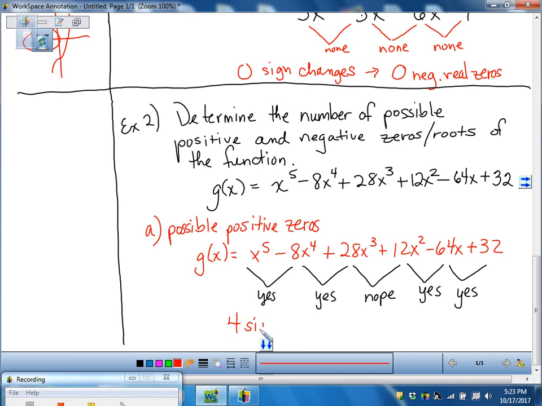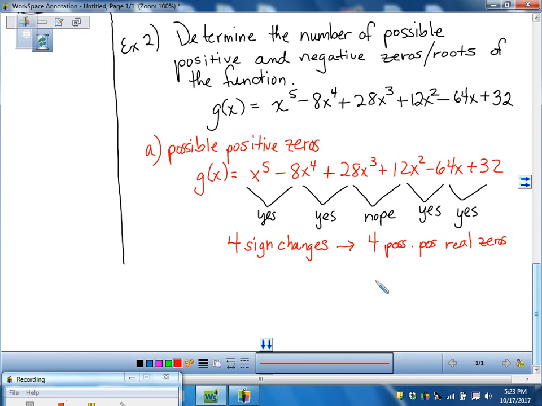So because we had 4 sign changes, we have 4 possible positive real zeros or roots. Now, it's possible that we have 4 of them, but we might only have, if I go down by an even integer, 4 take away 2 is 2.